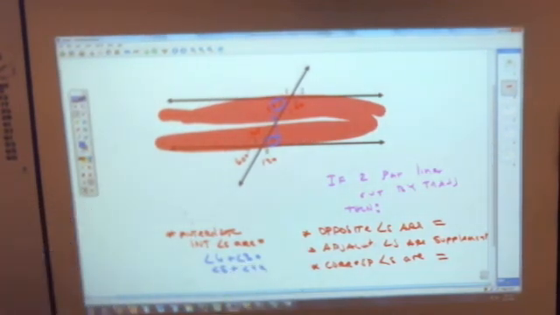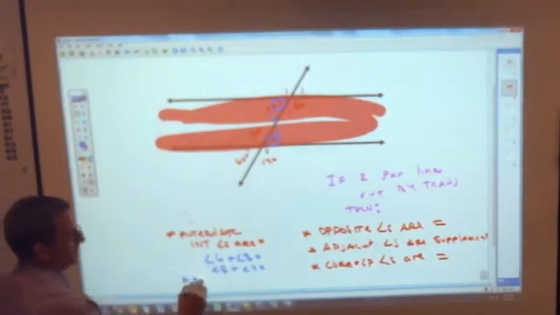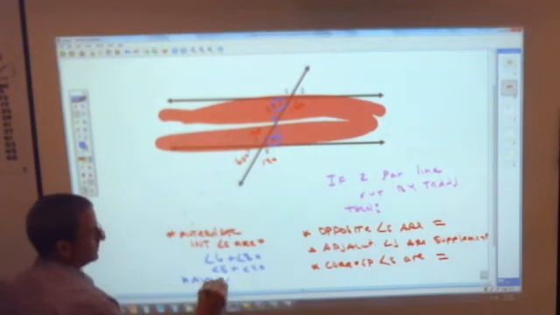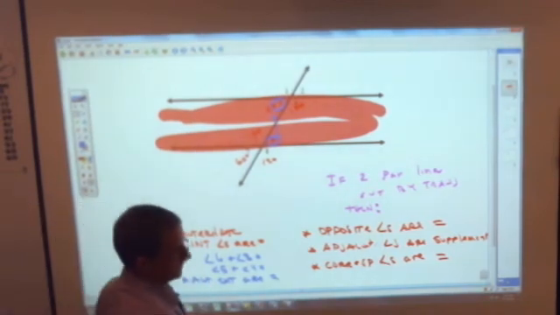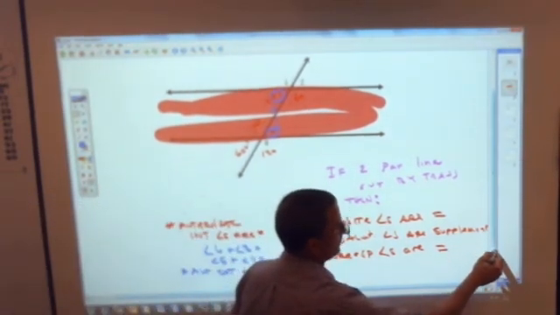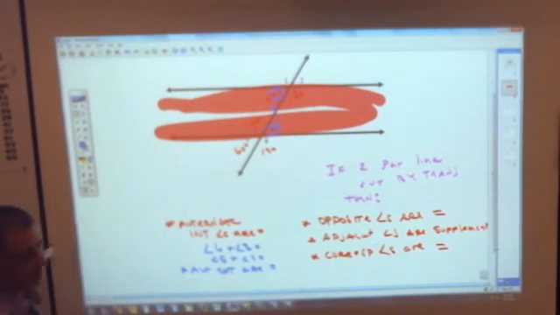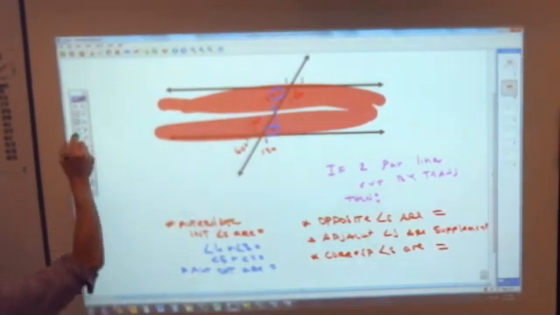And not to confuse you even ever so much more, but if there are alternate interior angles, guess what? There are also alternate exterior angles, which is the next thing. Alternate exterior angles are also equal, which means if you had to speculate what angles would be alternate exterior angles, it's the same thing that's true.